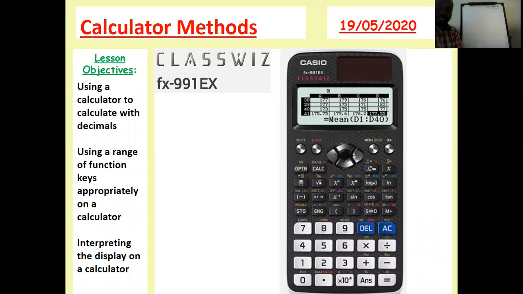It is a very good calculator. It's called Class Wiz. Okay, so first of all, please can you copy the title and the date.